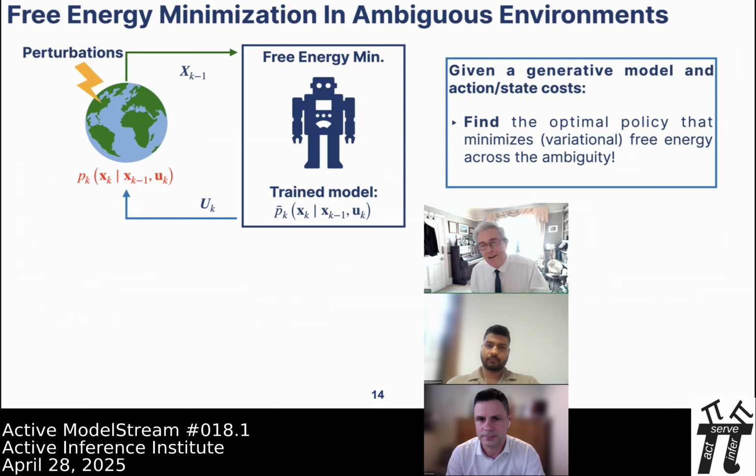I'm going to miss my favorite part because you're about to explain it, but just to put it in context, to my mind, this brings a very fresh and different view of ambiguity to the table from the point of view of active inference, because unlike active inference in discrete state space models, where ambiguity is an intrinsic part of expected free energy, ambiguity in this instance is much closer to the notion that you would find in economics, where it's not only uncertainty about what will happen if I do this, but I don't even know the game I'm playing.